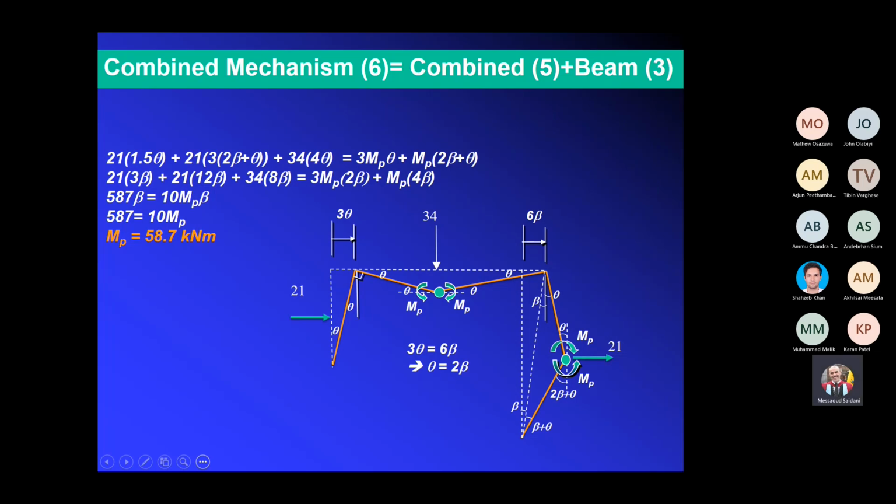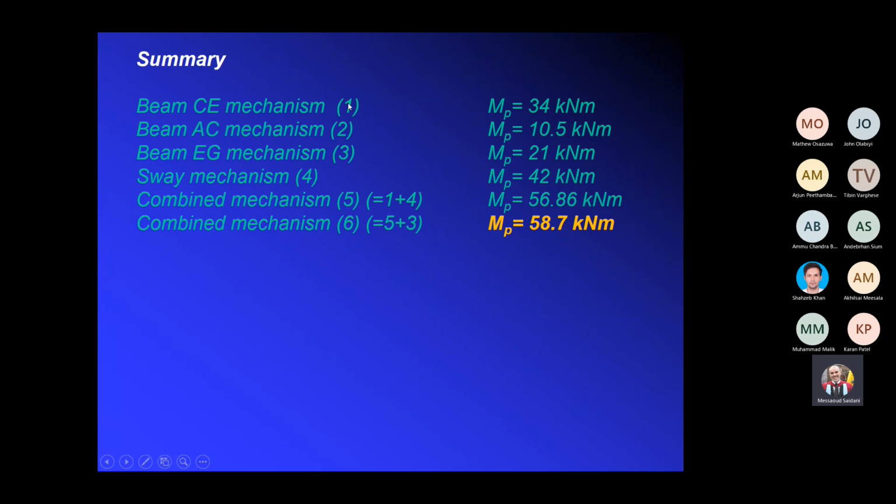So there are no other possible combinations that will give a possible critical solution. I think we have covered all of them, the individual collapse mechanisms and the 2 possible combined mechanisms. So I'm going to summarize it here. Beam CE gives MP 34. Beam AC mechanism 10.5.